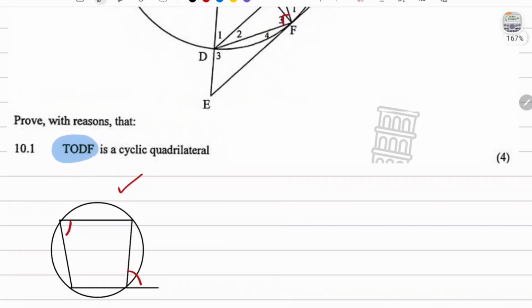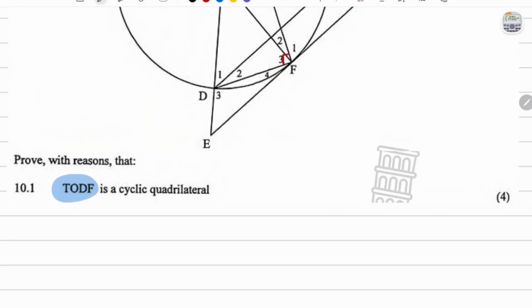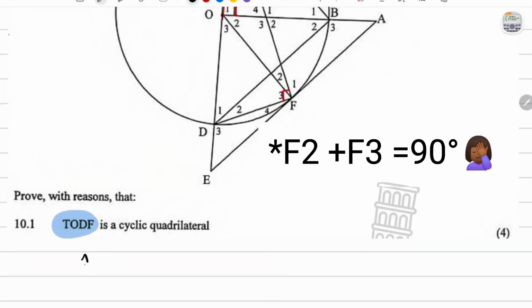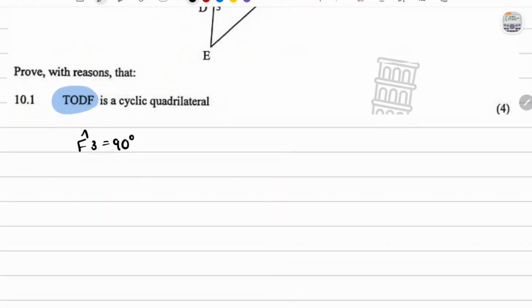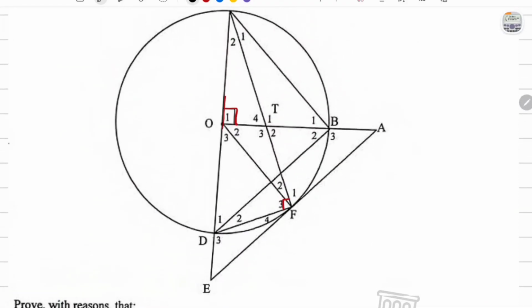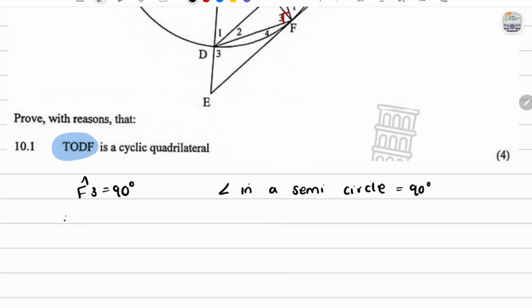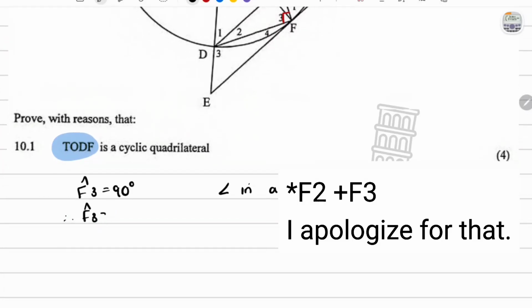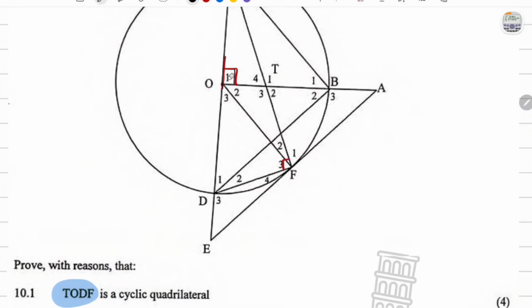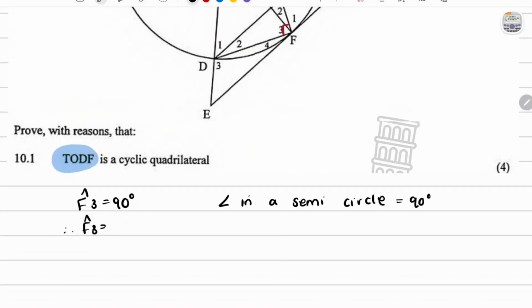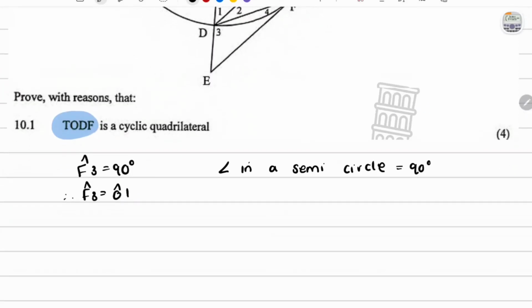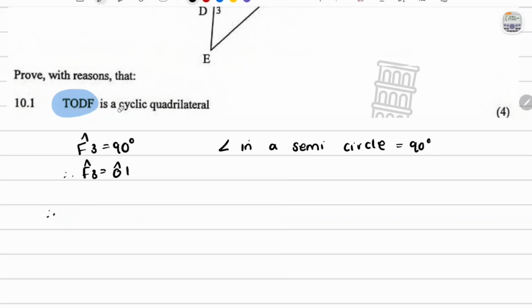Tell them that angle F3 is equal to 90 degrees because of angle in a semicircle. And because it's equal to 90 degrees, it therefore means that angle F3 is equal to that exterior angle, angle O1. And so that proves that TODF is a cyclic quadrilateral.